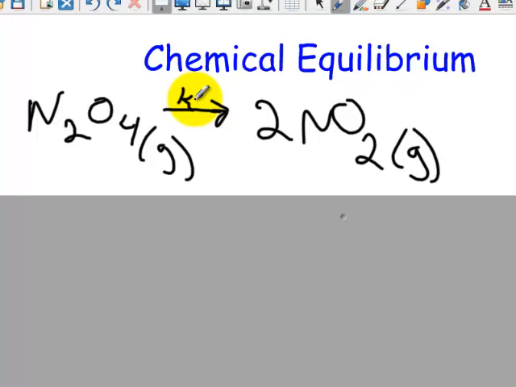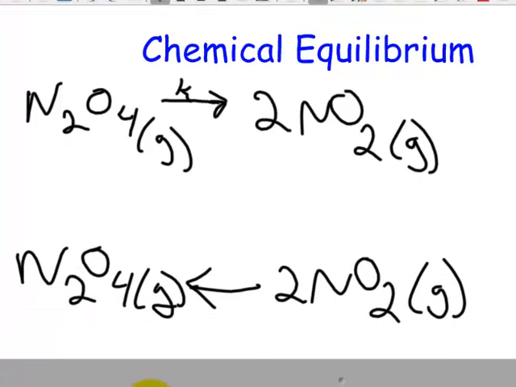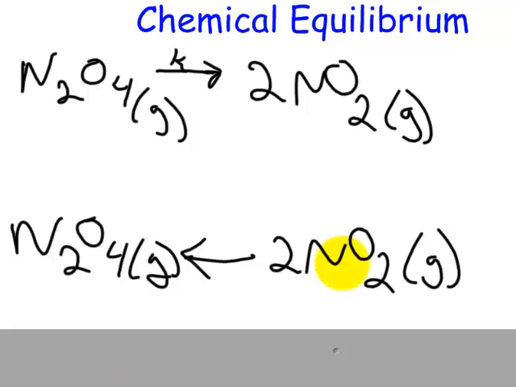Now, up till now in your entire chemistry education, you have written equations this way. What we've ignored is that actually some chemical reactions go both ways. This particular reaction, for example, also goes in reverse. 2 NO2s actually react together to go back to N2O4.